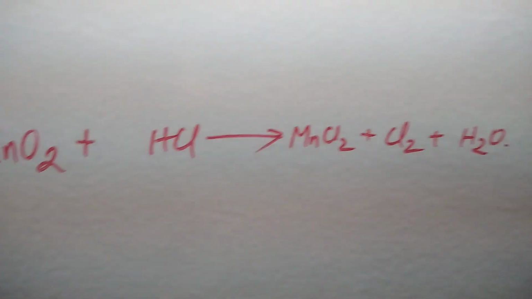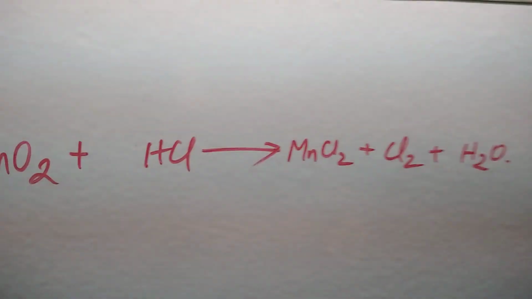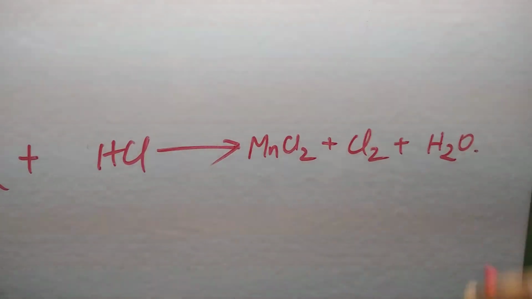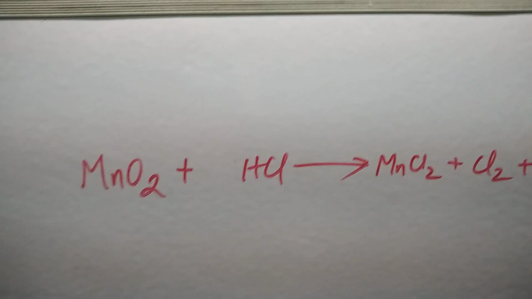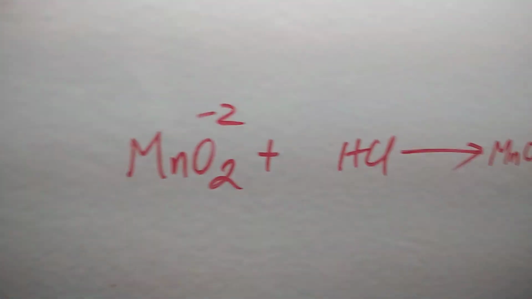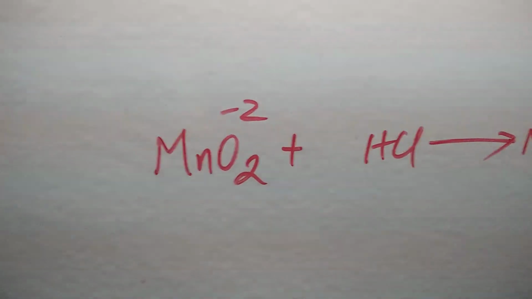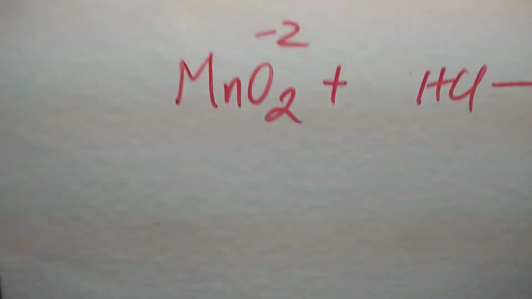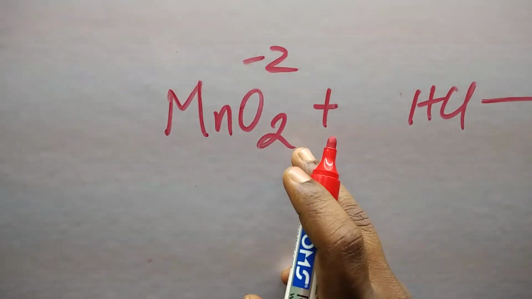By redox reaction, we can balance any reaction. Let's see one example. See, MnO2 plus HCl becomes MnCl2 plus Cl2 plus H2O. Let's quickly write the charges. For oxygen, minus 2. And manganese will be how much? Minus 2 into 2 is minus 4, that means plus 4.